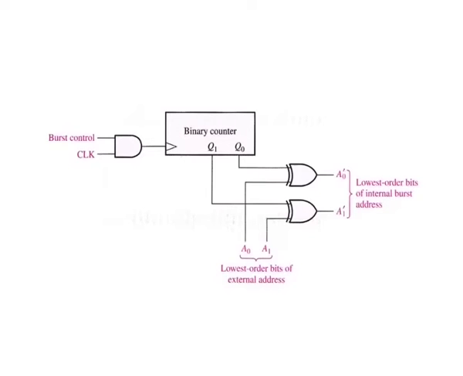To begin the burst sequence, the counter is in its 00 state and the two lowest order address bits are applied to the inputs of the XOR gates. Assuming that A0 and A1 are both 0, the internal address sequence in terms of its lowest order bits is 00, 01, 10 and 11.